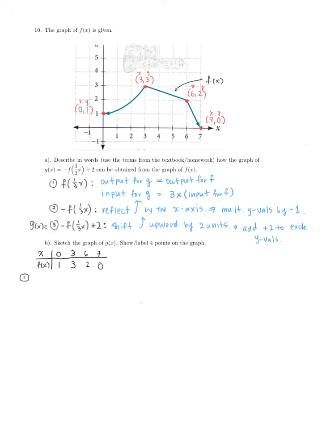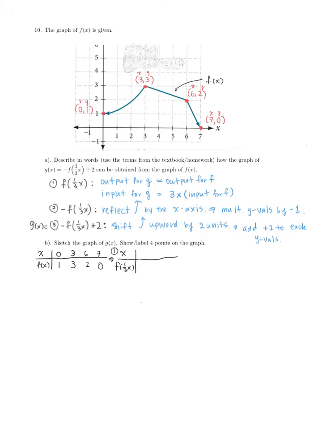Okay, so our points are going to change a little bit. You know what? Let me just write this down horizontally so that maybe I have room to graph. So let me see. So here's my x, and then here's our step 1. And then step 1 is what? f of 1/3 x, right? Okay, so let's take a look.